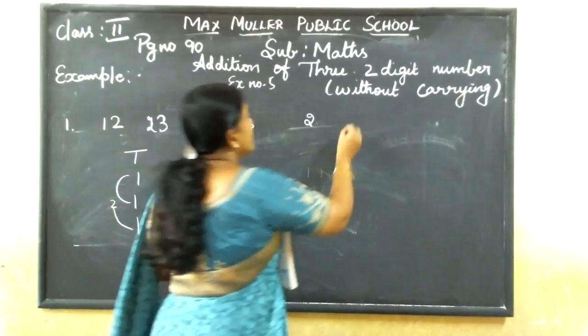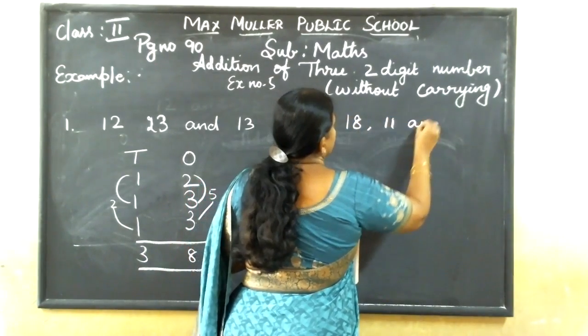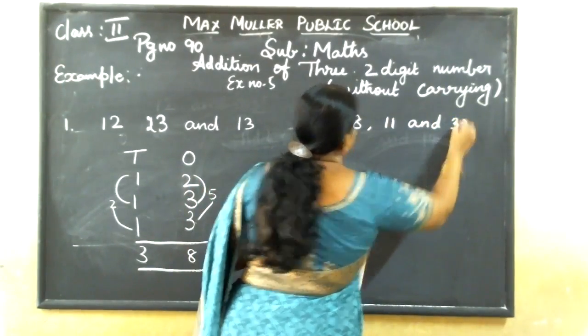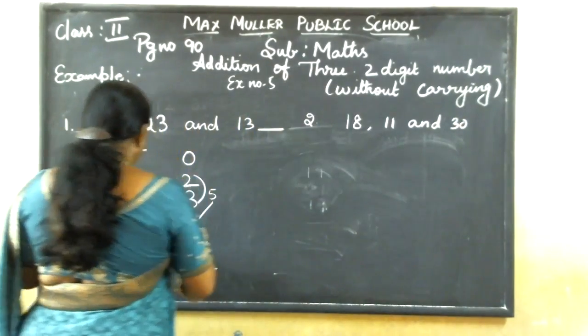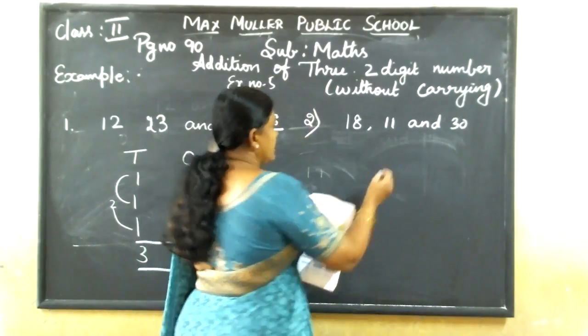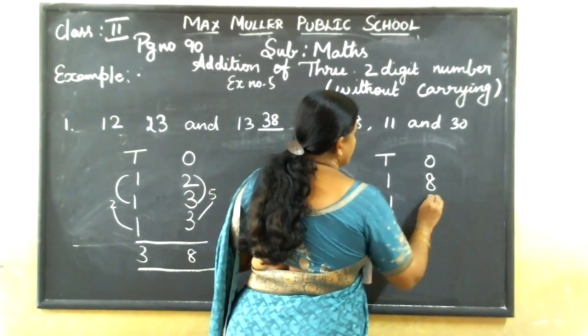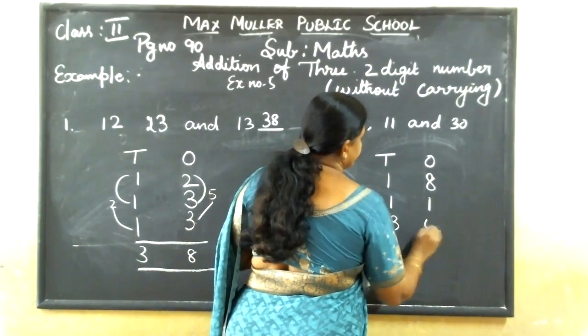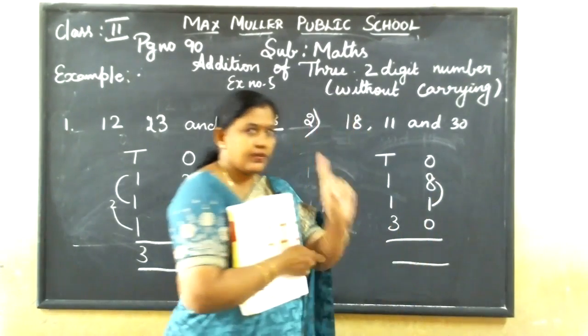Second one, 18, 11, and 30. Only the answer you want to write here. See, right answer, put a dash here. For the first one, 38. Second one, tens, ones. 18, 1, 1. 30. 8 plus 1, 8 in the mind, 1 on the finger.